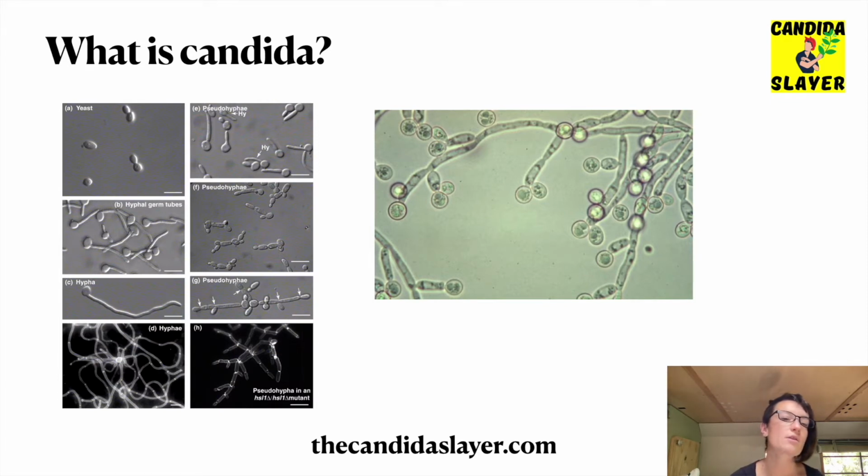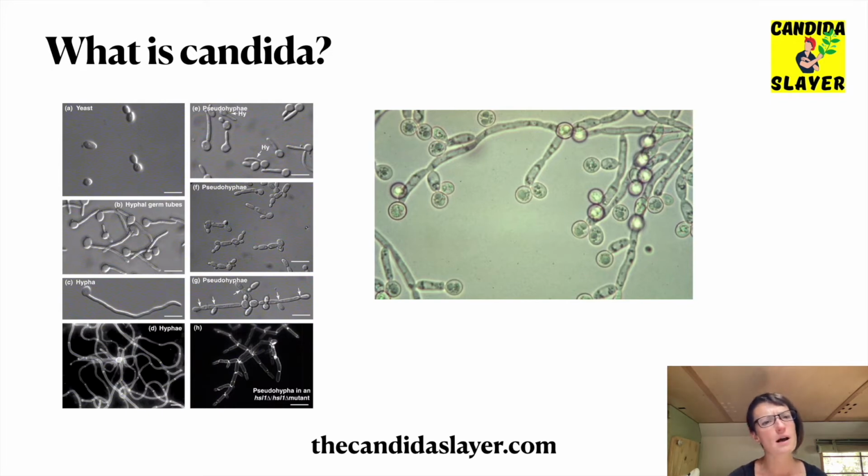When it's a yeast, it's a single-celled organism, just one cell, as you can see on the picture. Then it evolves from yeast to pseudohyphae, and from pseudohyphae to hypha or hyphae. It will evolve depending on your environment, and especially depending on the pH of the environment where it is.